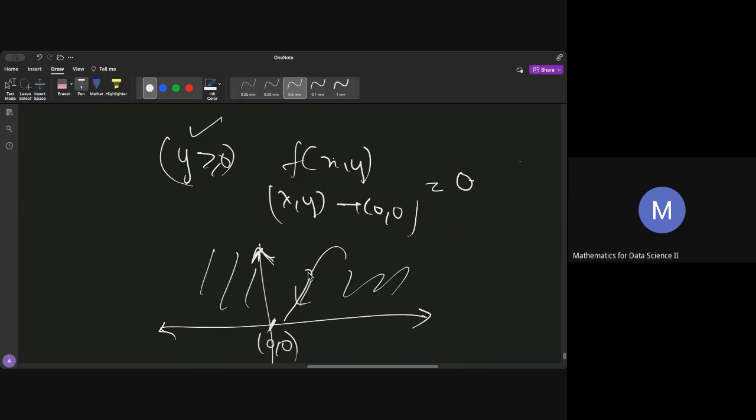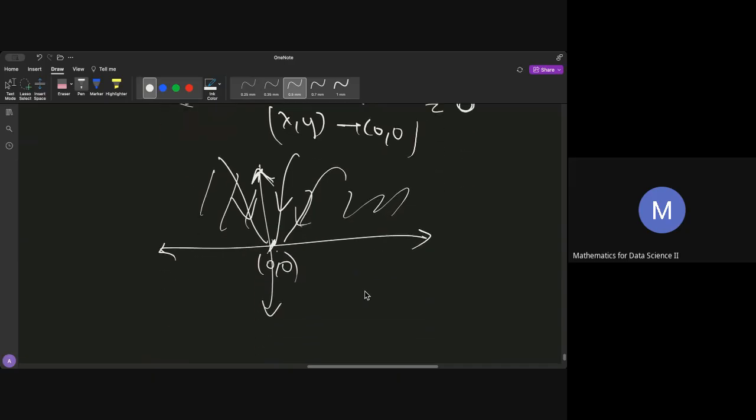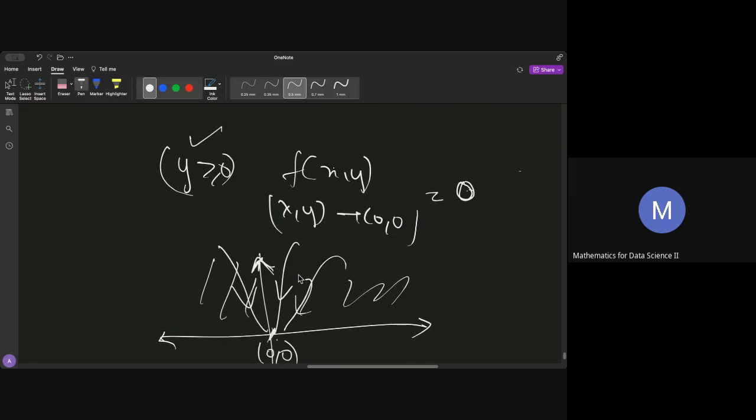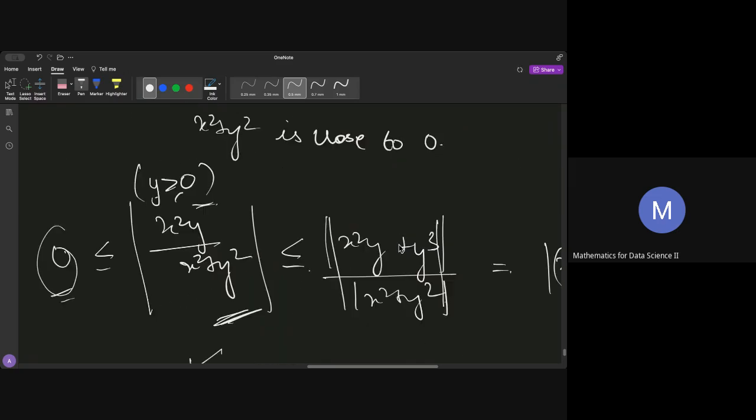That means if I have any curve approaching the 0 point from the y greater than or equal to 0 side, then via that curve my limit will be 0, right? From the negative side, I can have some other limit that we haven't checked yet. But from the positive side, we are sure that any curve that approaches 0 from the positive side would give you 0 limit. Is that okay?